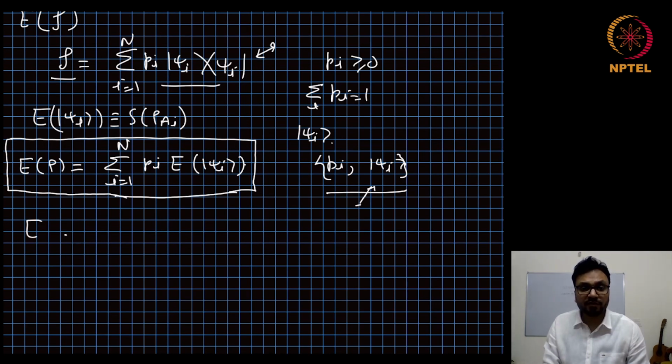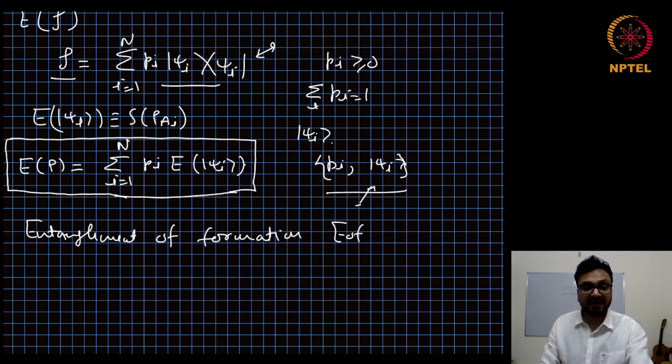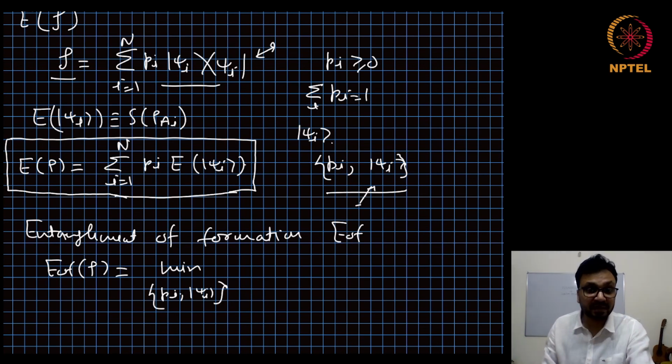So the entanglement of formation, or EOF, can be defined as the minimum of entanglement over all the preparation schemes pi, psi I of rho.